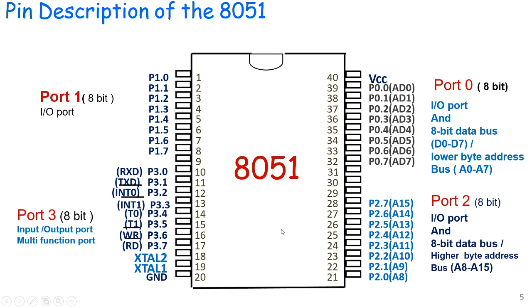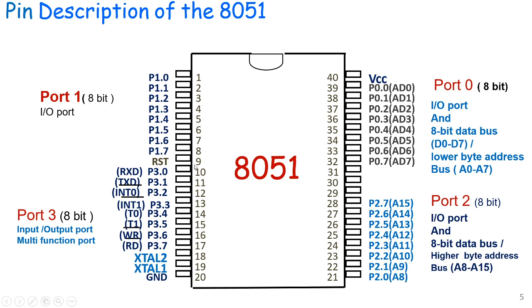The remaining pins are 18 and 19, XTAL2 and XTAL1. An external crystal is attached to these 2 pins. The attached crystal decides the speed of the 8051 microcontroller. So this is the external crystal attached.